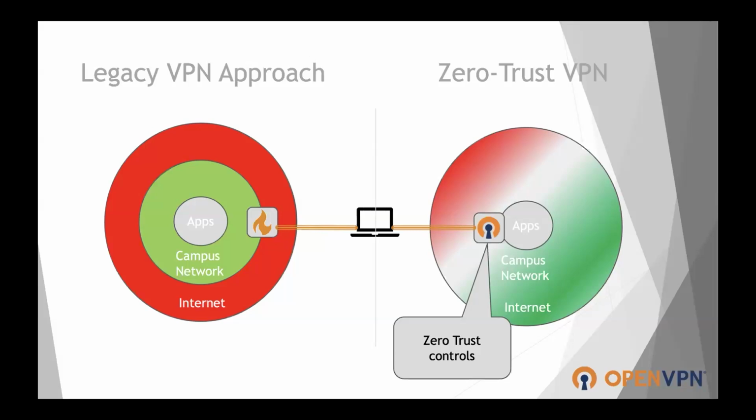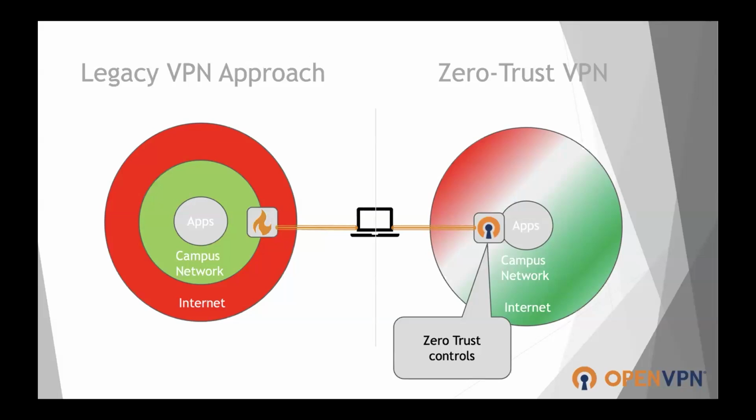Every time access to the application is requested, you verify that the device and the user requesting access is who they say they are, and you have policies in which, based on the identity, the user is given access to applications that they need for their role and not to everything. And then you also verify that the device is authorized, the device is safe, things like that.